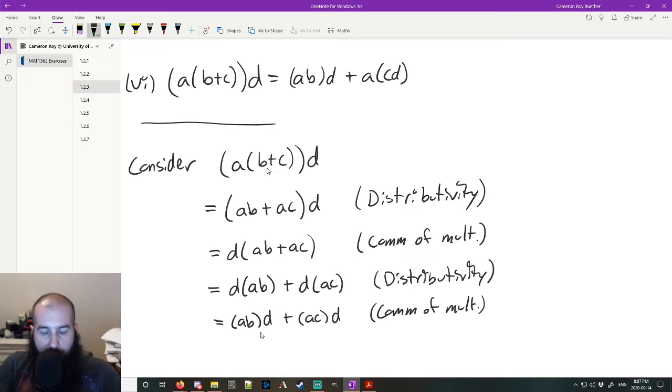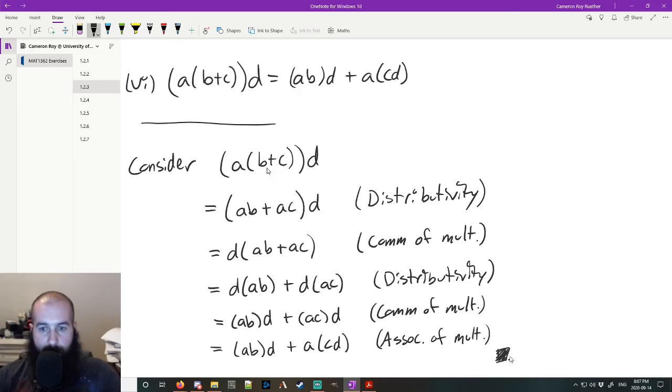Then the first one is fine, A times B times D. Here we just need to group the C and the D together, which we can do with an associativity. So we started with the left-hand side. We have a chain of equalities justified by axioms ending at the right-hand side. So that is a proof of that, which concludes exercise 3.